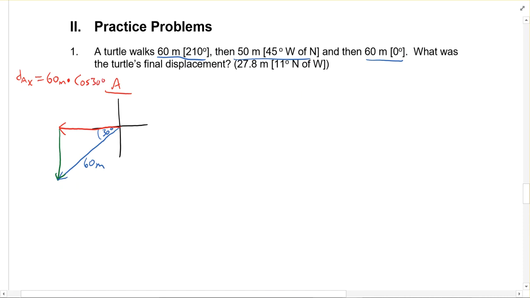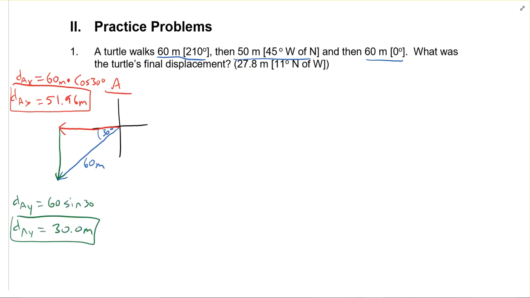And dAx is going to be equal to 51.96 meters. So that's number one. Now let's figure out in green what the y component was. I'm going to pause it and put it down and move on. Okay, so that's what you get for the y component of that one.